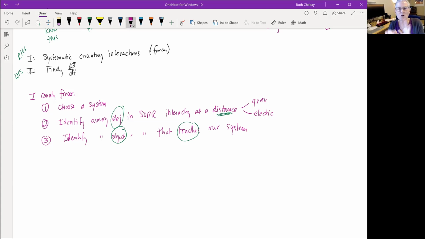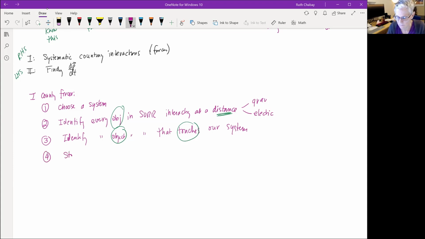Then we're done. Even if there are other objects in the surroundings, as long as they're not exerting a force at a distance and they're not touching our system, we're done.